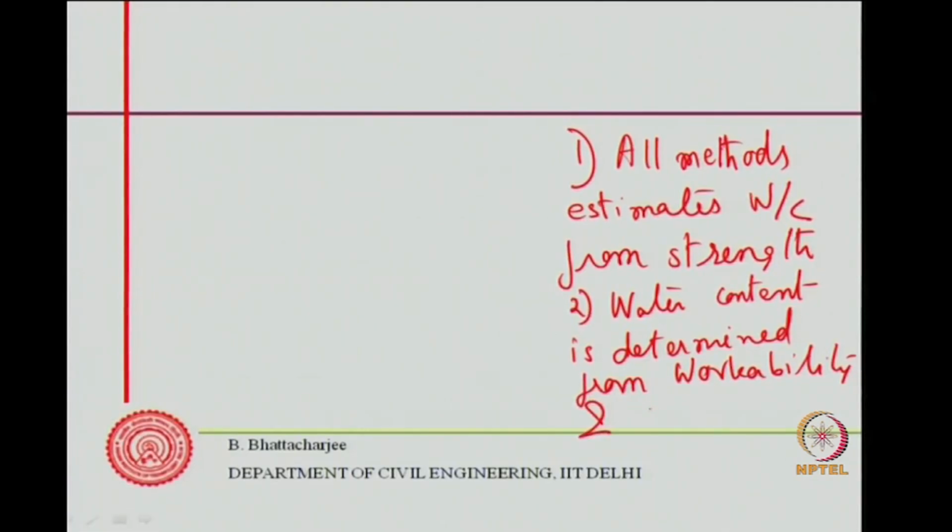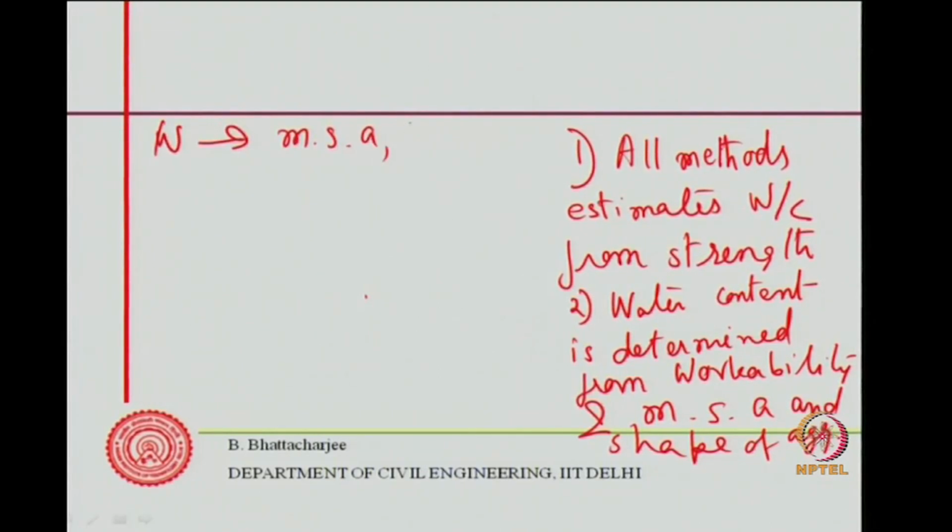Water content is determined from workability, MSA and shape of aggregate. So, W you determine from MSA, slump and shape. Water cement ratio from strength.